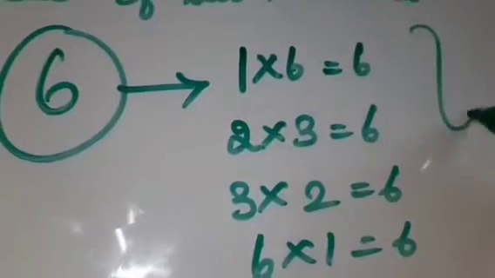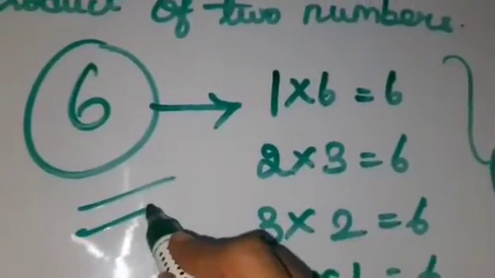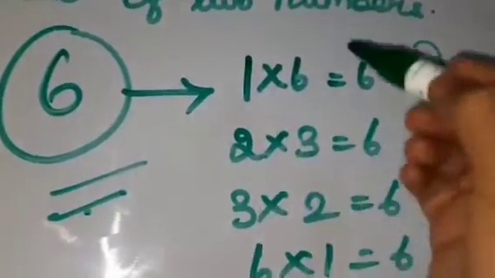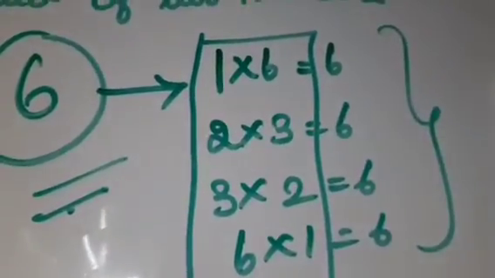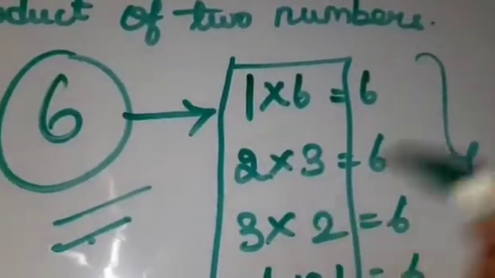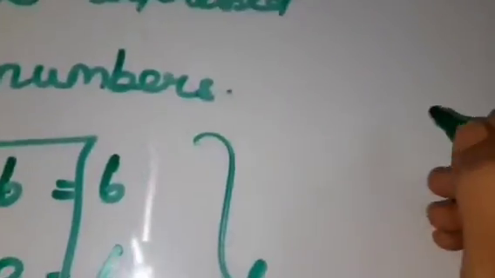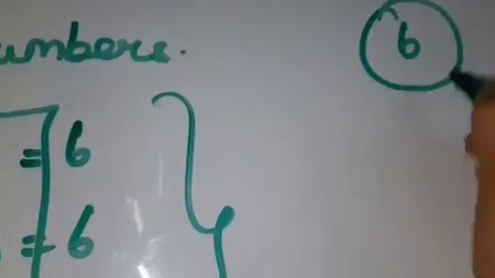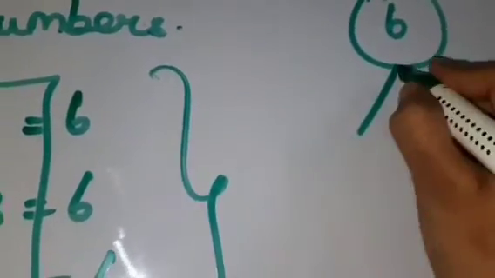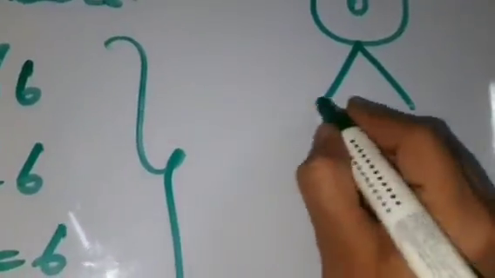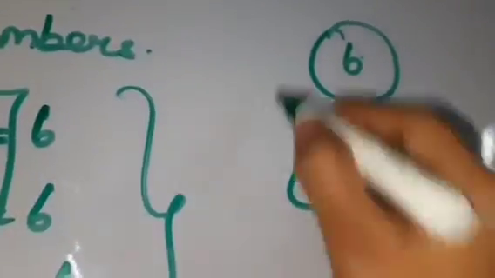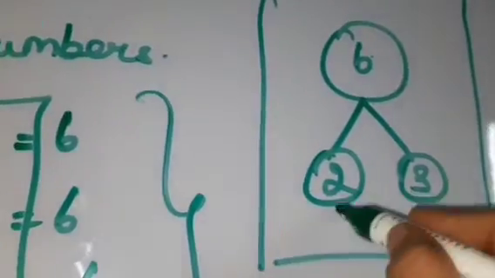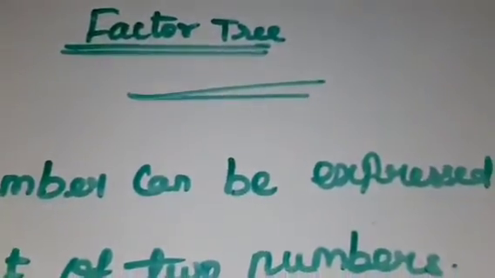So, a number can be represented as the product of any two numbers. These two numbers can be represented in a diagrammatic form. So 6 is 2 times 3. The representation of factors in a diagrammatic form is called a factor tree.